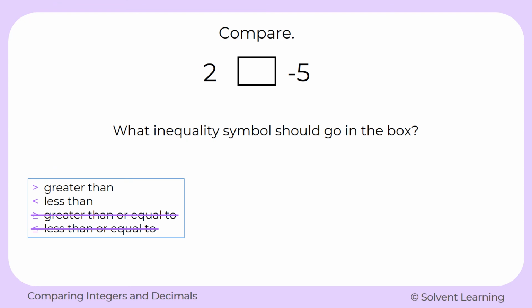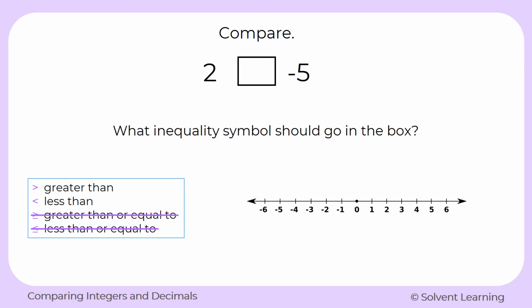Here we have a positive number and a negative number. Sometimes those negative numbers can get a little tricky, and in that case it's helpful to picture where the numbers are on the number line. Whatever number is further to the right is larger, and whatever number is further to the left is smaller.